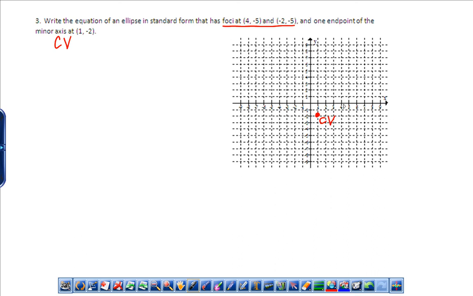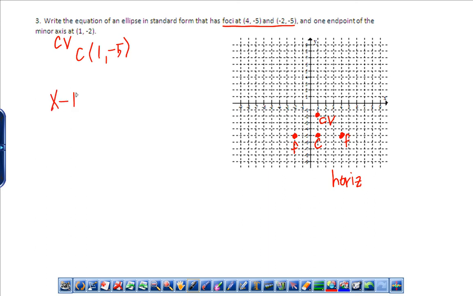Focus of (4, -5) and (-2, -5). Okay, again, this is going to be horizontal. If your foci are here, that means your vertices are going to be on the outside. You still can find your center if you count in between. (1, -5).